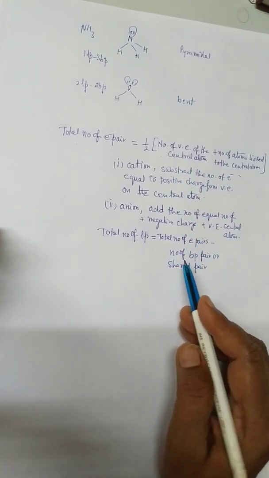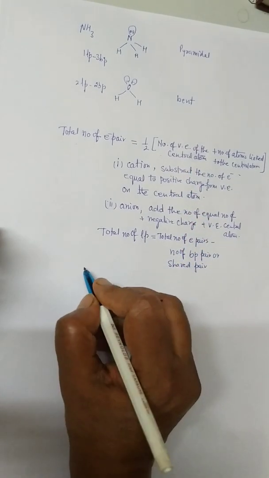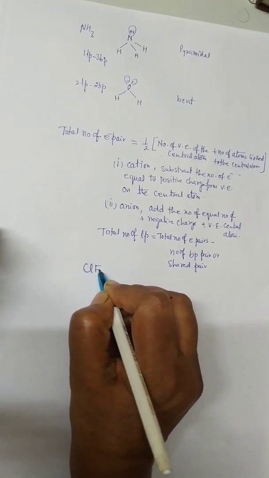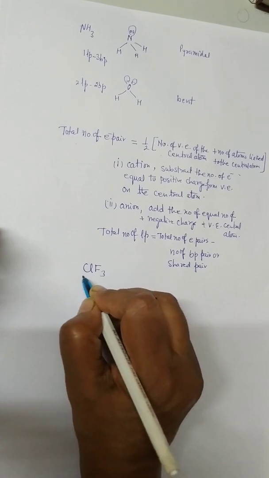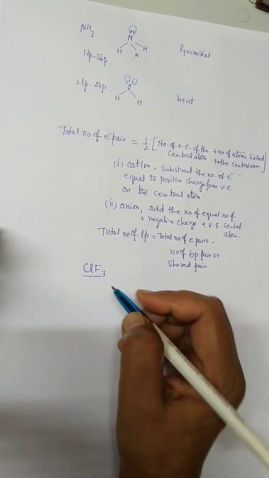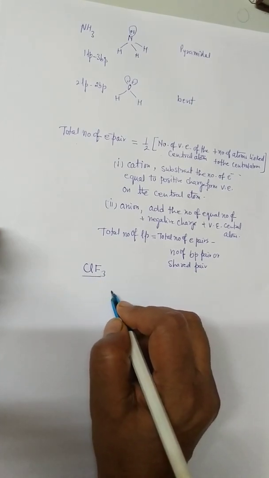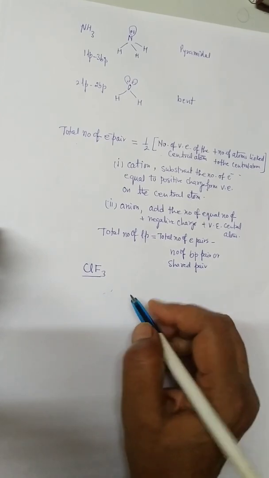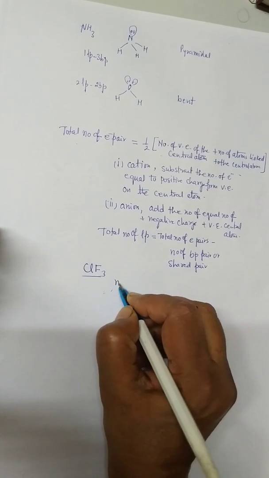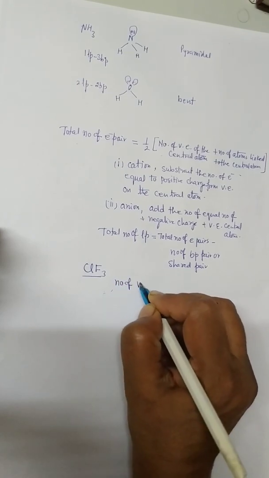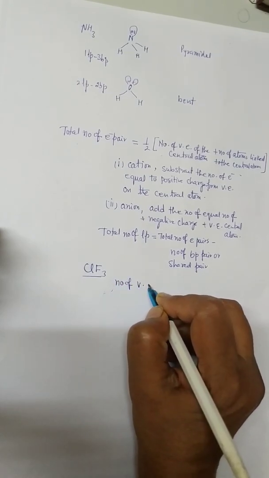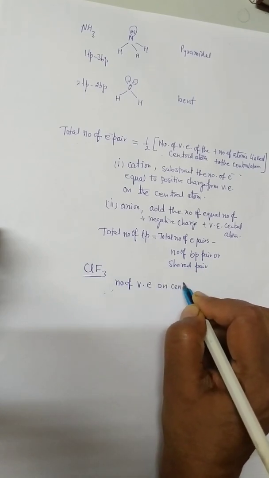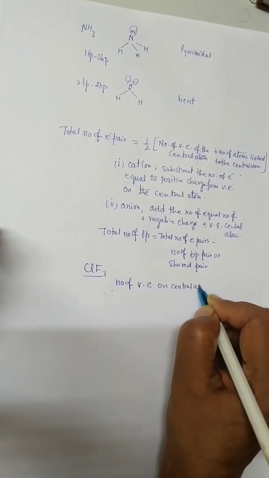For example, if I have to find out the shape of ClF3, okay, the shape of ClF3 I have to find out. So first we have to write the number of valence electrons on the central atom.